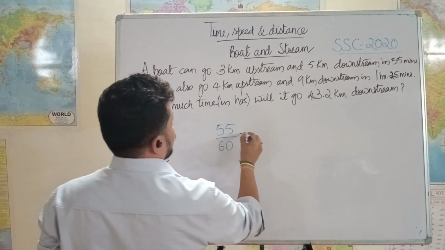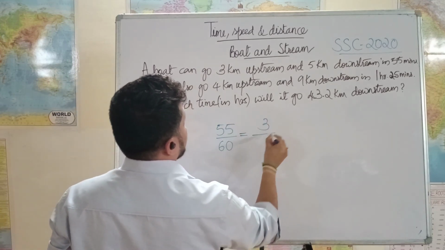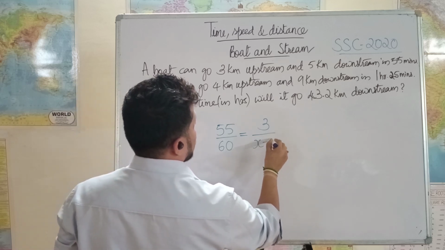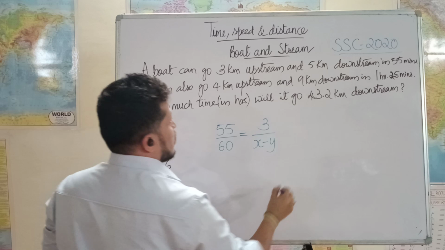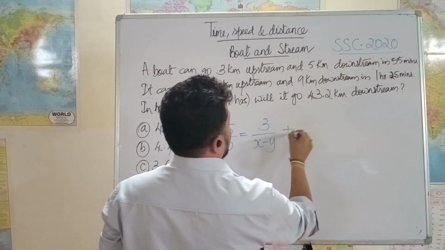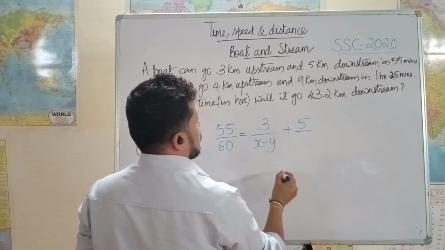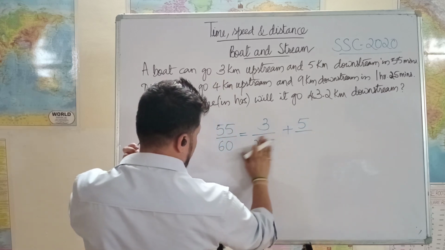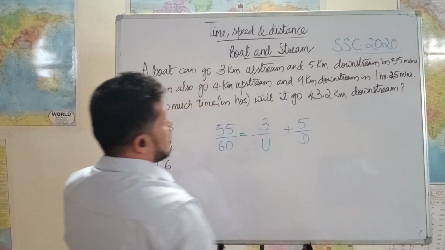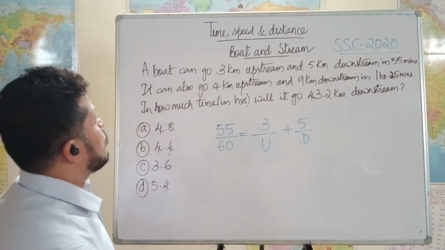In that time it can go 3 km, which is the distance, and the speed is upstream, so x minus y, and 5 kilometers downstream. Okay, let's just write upstream and downstream directly. Upstream and downstream, and it can also go 4 km upstream.